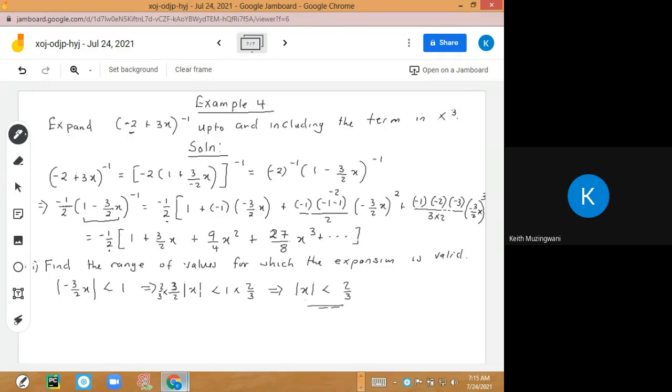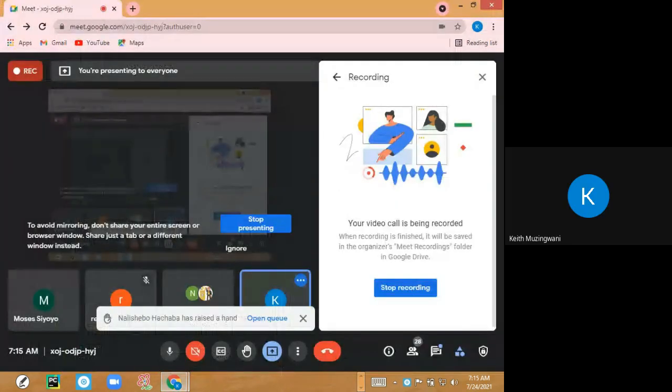Finding a general term and some application questions where they give you the terms. Then you have the expansion. Then you compare to get some missing variables, some unknown variables. Then also you're asked, because these are series that we have done now, given that expand after including the term in x cubed.